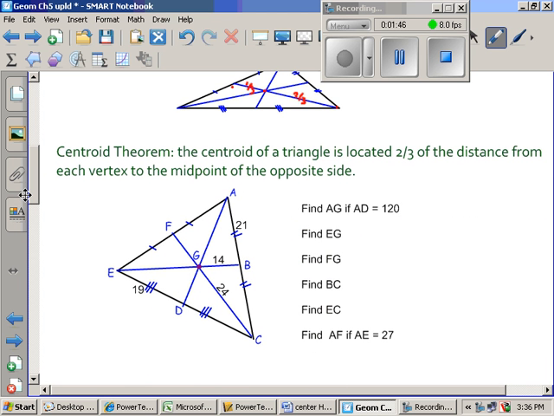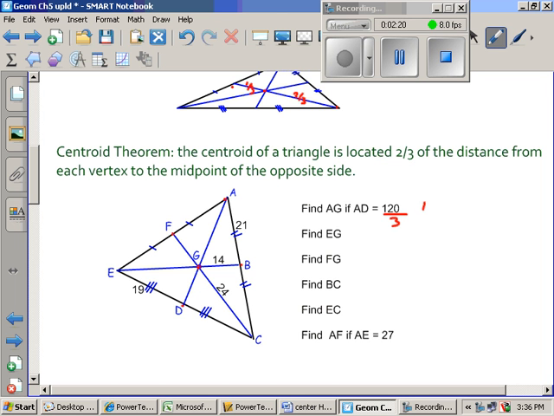All right, so if I'm looking at this picture here, if AD, this whole line here, is 120, then AG, from the vertex to the centroid, and I can tell it's a centroid because all these lines are drawn from the vertex to the midpoint of the opposite side, I would divide 120 up into 2/3 and 1/3.